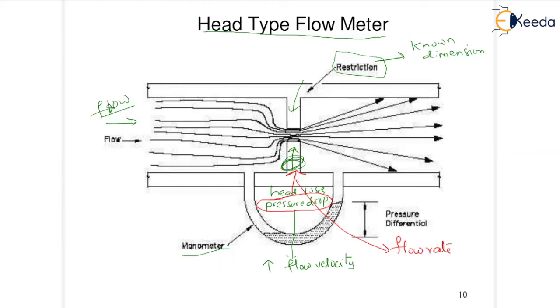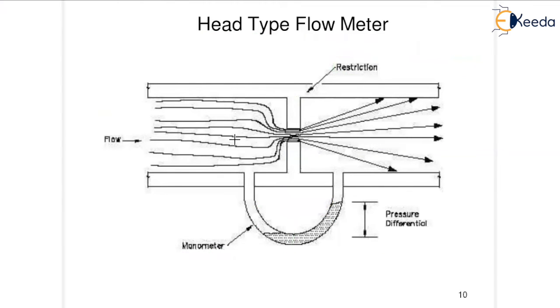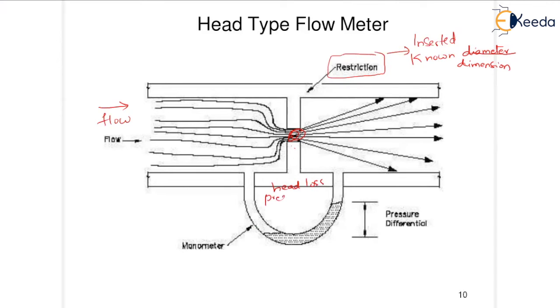Once again, this is a pipe and there is a flow, and we are inserting some restriction of known dimensions, and because of this, at this point there will be a head loss or pressure drop.